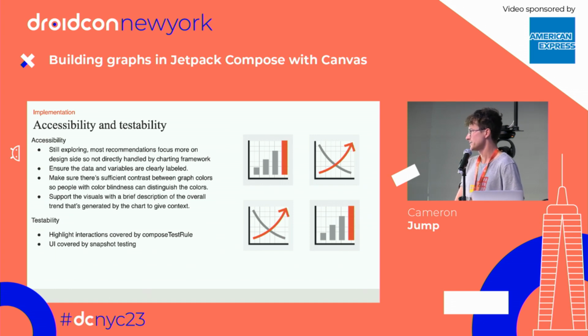But also we need to make sure there's sufficient contrast between graph colors, and we need to support the visuals with a brief description of the overall trend that's generated by the chart. The best I feel like we can do for the latter one is forcing the developer to provide that trend, but those two things are outside the scope of just showing the chart. They take team-wide initiative to do well.